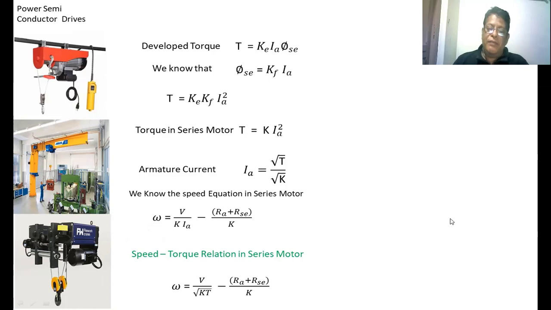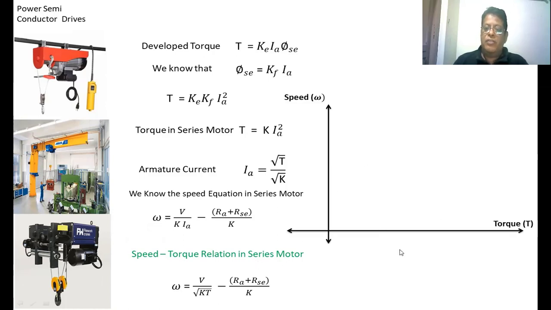If you draw a plot between speed and torque, with torque on the x-axis and speed on the y-axis, it represents a rectangular hyperbola. When the torque is lesser, the speed of the motor is higher, and when the torque is higher, the speed of the motor is lesser.